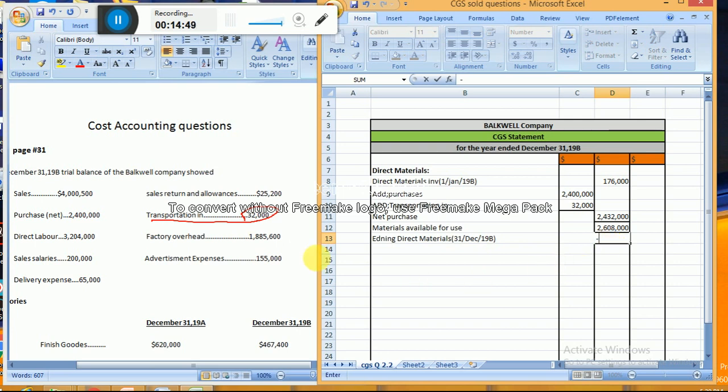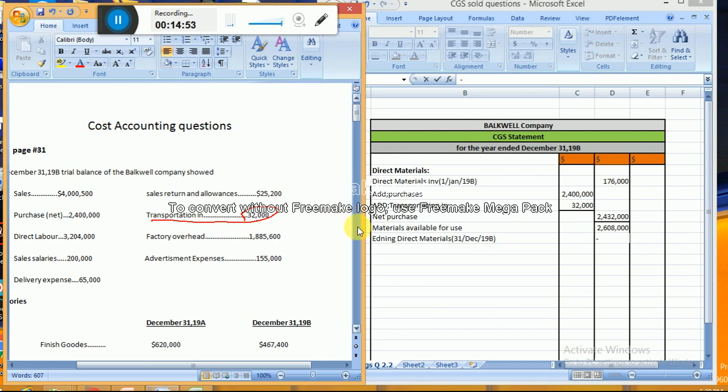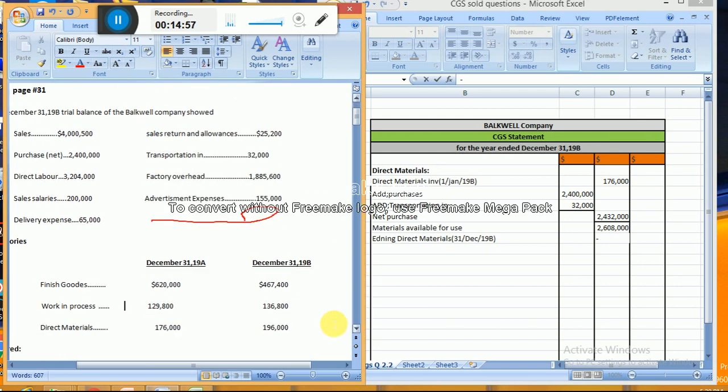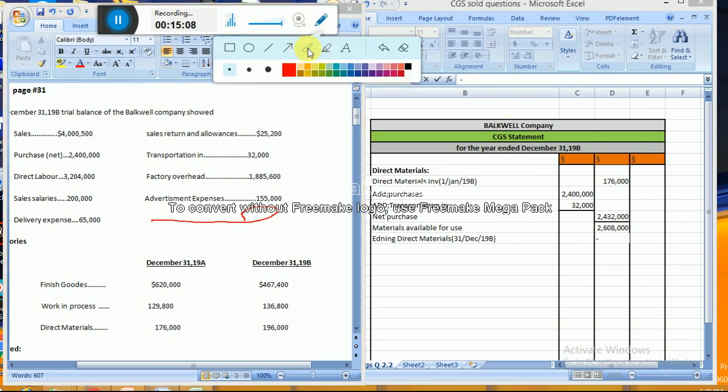So from the question there is given, on 31st December 19B, the 1,96,000 material, this is what remains in 19B.